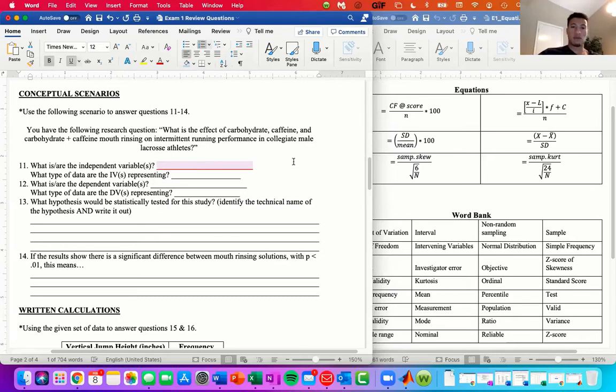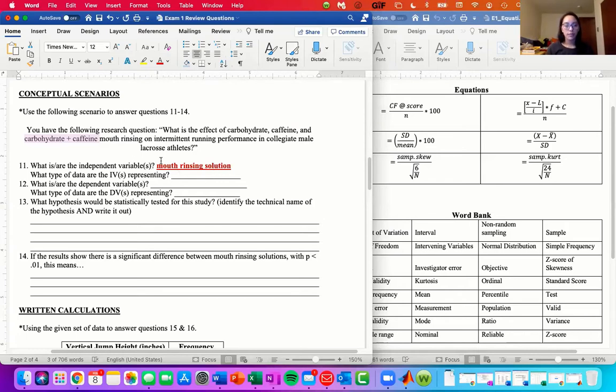The independent variable would be carbohydrates, caffeine, and carbohydrates plus caffeine. Right, we could simplify by saying mouth rinsing solution. And carbohydrate, caffeine, and carbohydrate plus caffeine would be 3 levels or groupings that we might use on our sample or samples.